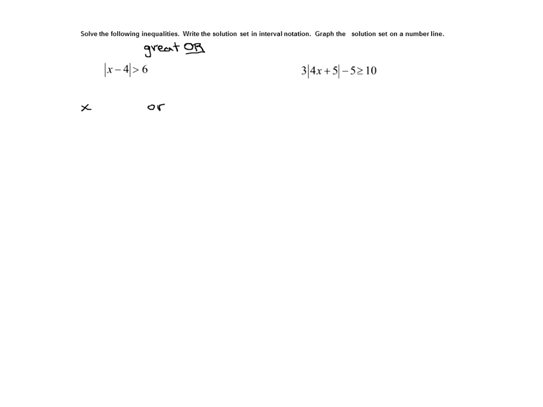I'm going to rewrite it without the bars for the first one. And then the only difference here, and I'll highlight it using a different color, we flip the symbol and we change the sign of that value.